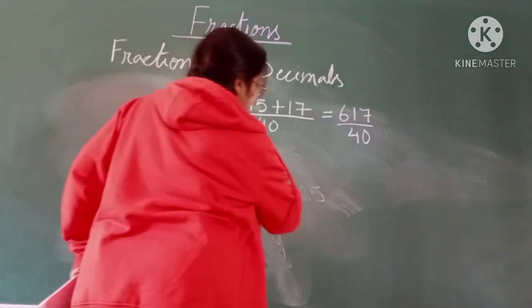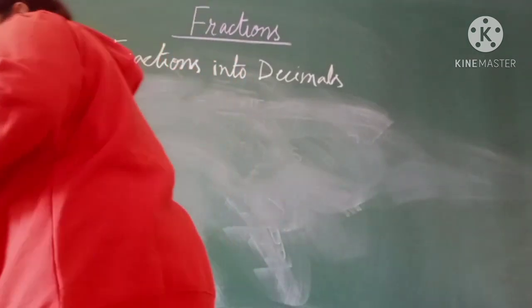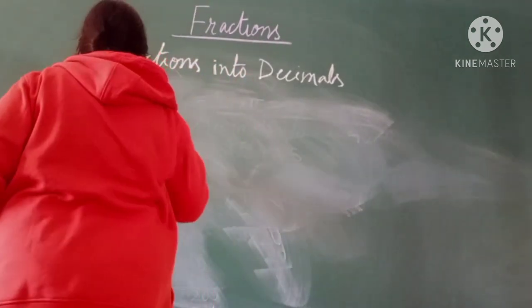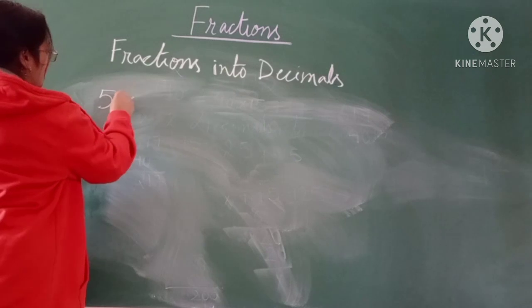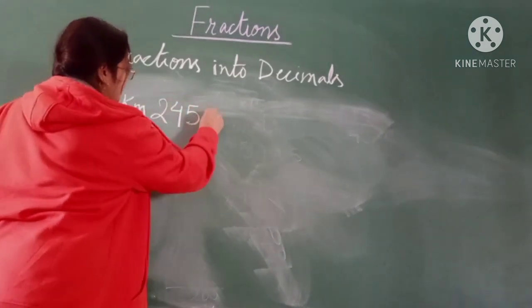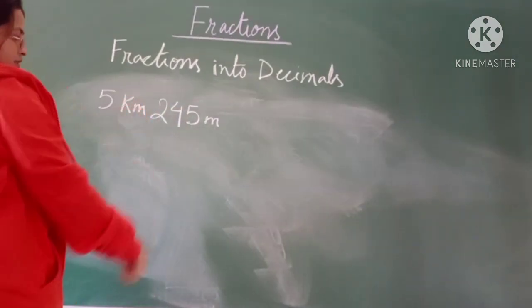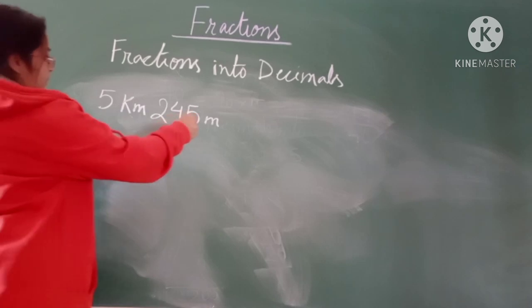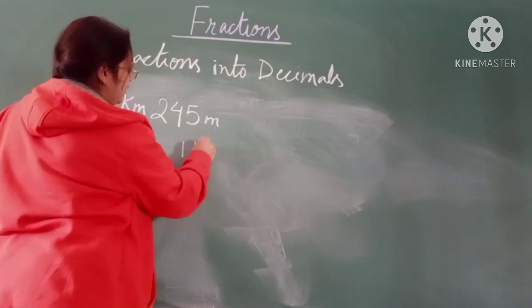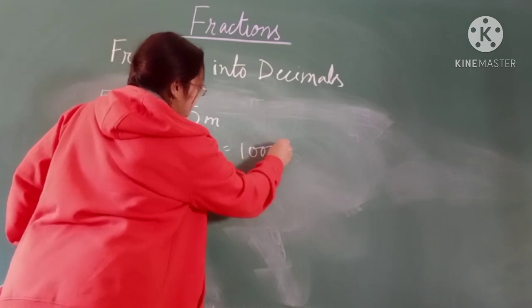Now let's study some examples of how to express kilometers when it's given in different units. Say one distance is given. Let's take an example. Let the distance be 5 kilometer and 245 meter. We have to express it only in kilometers. So we already know that 1 kilometer is equal to how many meters? 1000 meters.